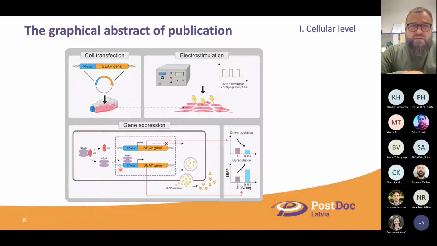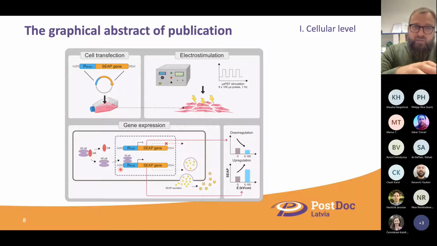It's called cell transfection. It means we put some foreign gene inside the cells by using chemical treatment, and then we stimulate these cells by pulsing. This pulse was selected as a regular protocol for electroporation. And then we investigate how these cells actually feel such a treatment.